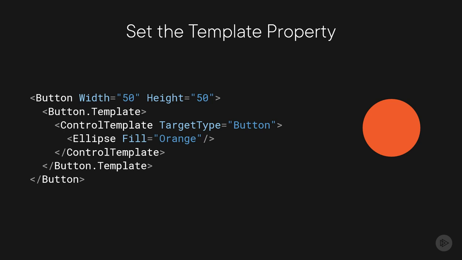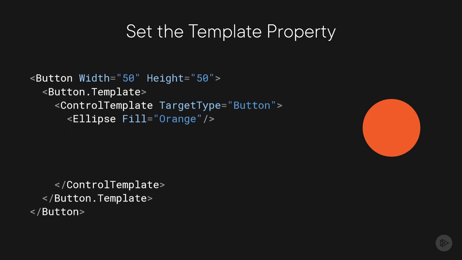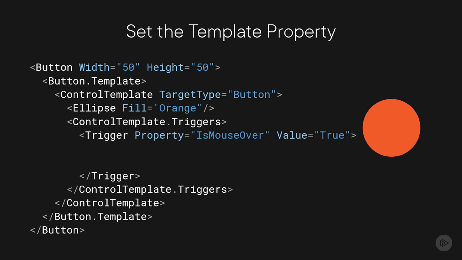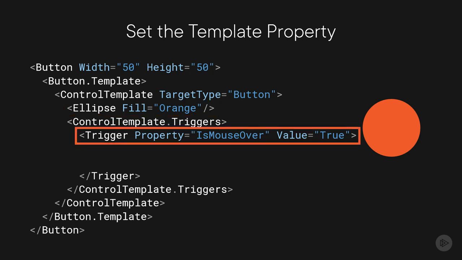But right now, the button does not give any visual feedback when the user moves, for example, the mouse over the button. To adjust the button visually for different states, you can define triggers in the control template. You can create, for example, a property trigger for the isMouseOver property. Now, let's assume that you want to change the fill property of the ellipse when this trigger is active.